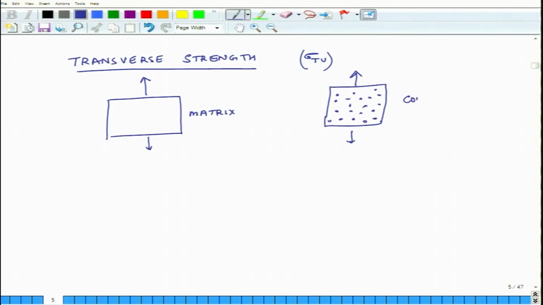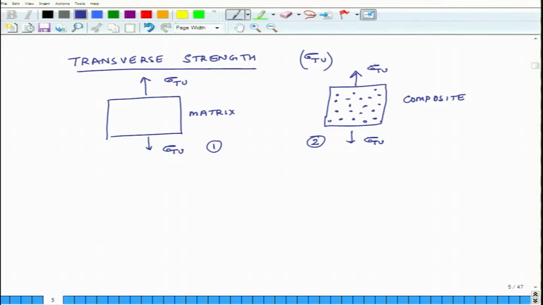So, this is a composite, and then the strength in case 1 will be typically found to be more than the strength of the composite.